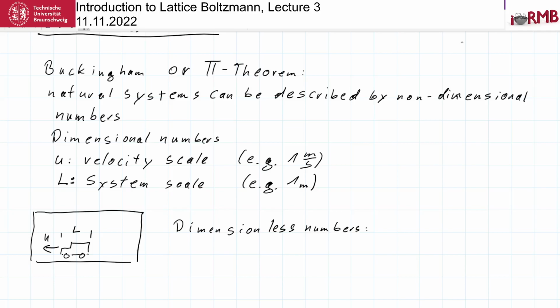The first one is the Knudsen number, with lambda being the mean free path. So this is this very microscopic thing. When you have a collision here and the next collision here, then this would be lambda, obviously not drawn to scale here. This lambda divided by L is called the Knudsen number.